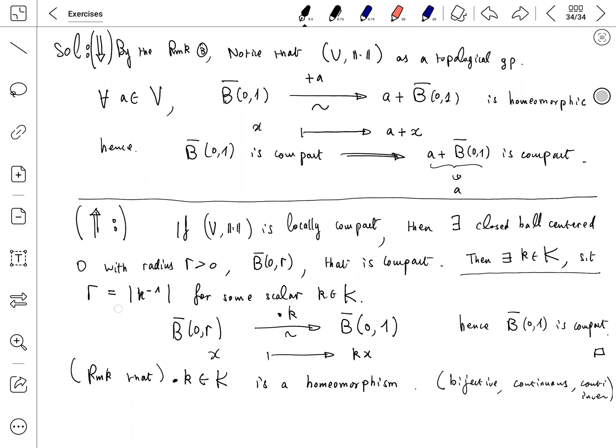Look at this detail. Why is it that for whatever radius r positive, you could always find some element in your field K such that its radius is exactly r?